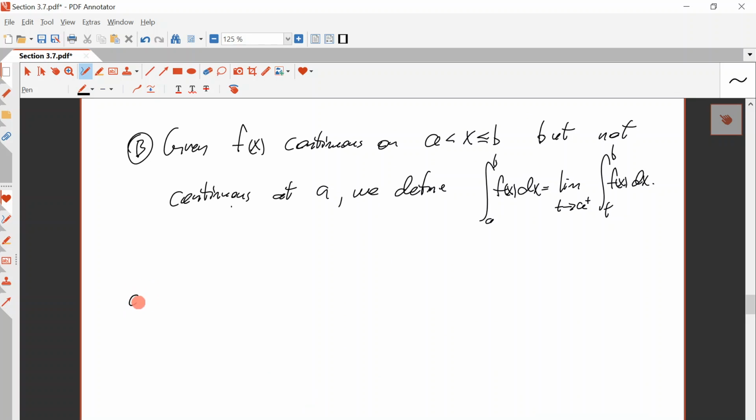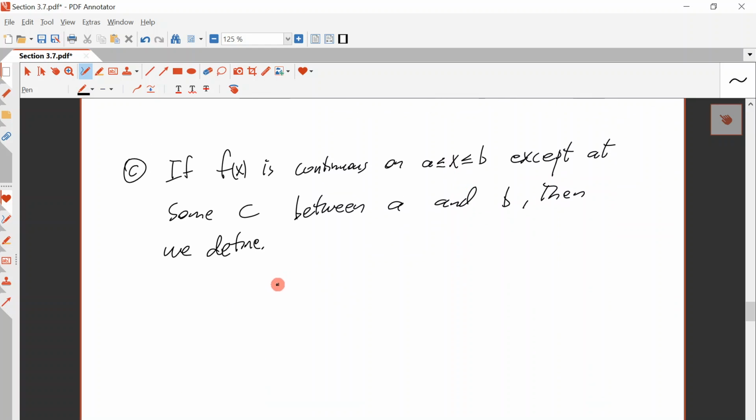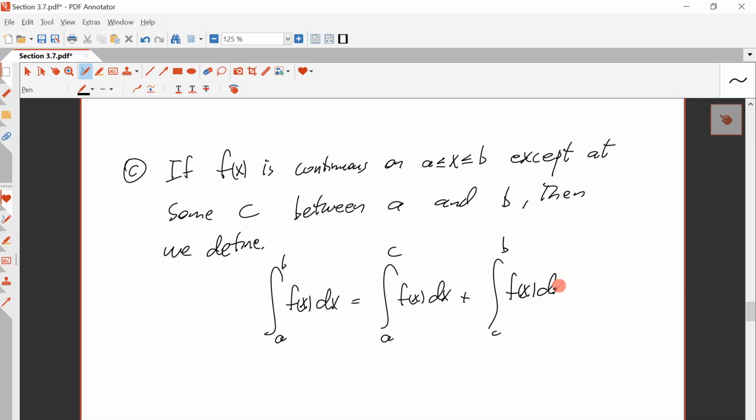And then c, if f(x) is continuous on a ≤ x ≤ b, except at some point in the middle, c between a and b, then we define the integral from a to b of f(x) dx equal to the integral from a to c plus the integral from c to b.